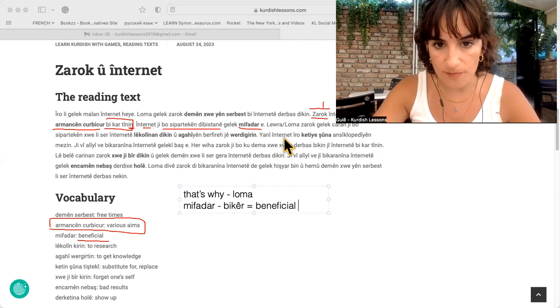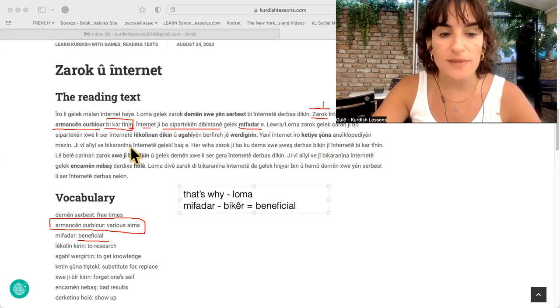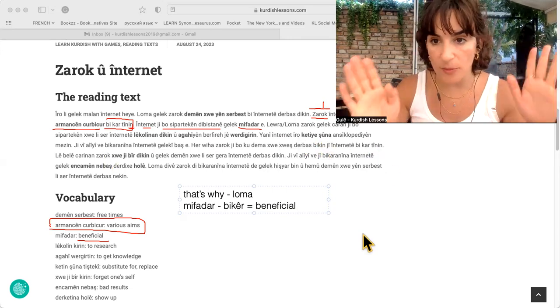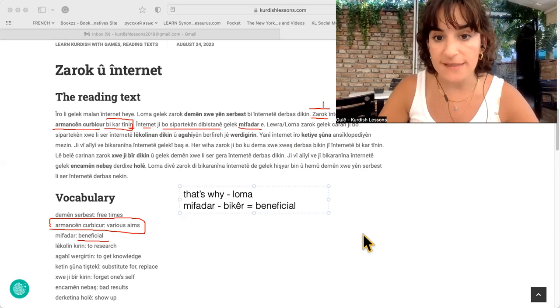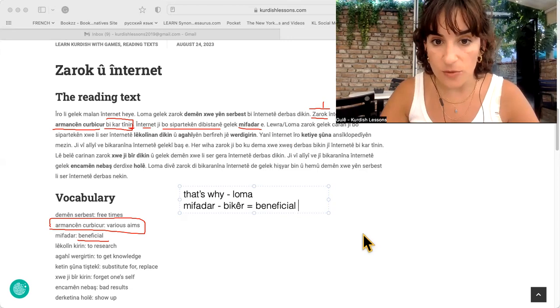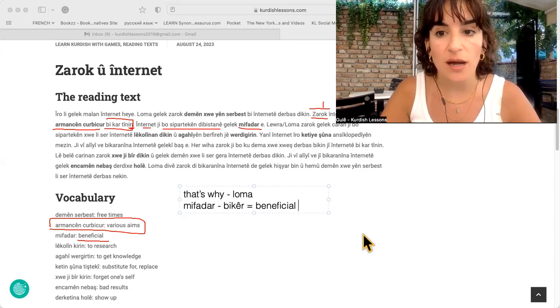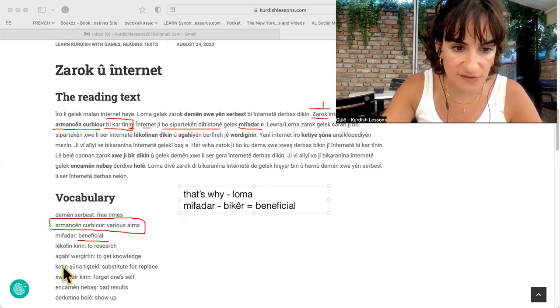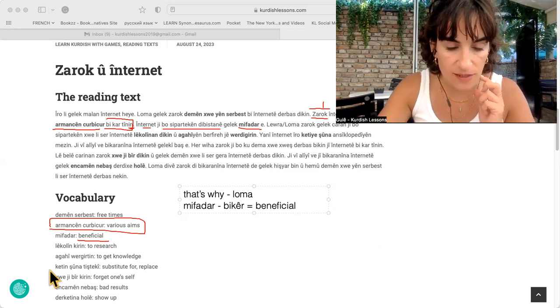So internet today has replaced big encyclopedias. So now, these days, instead of encyclopedias, we use internet. Îro internet ketiye şûna ensîklopediya mezin. Ketin şûna, here it's the infinitive if you want to have a look at this.